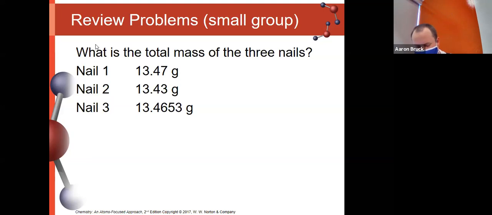Now, to answer that, we're going to need a calculator of some kind. And so if I put in those values, 13.47 plus 13.43 plus 13.4653.